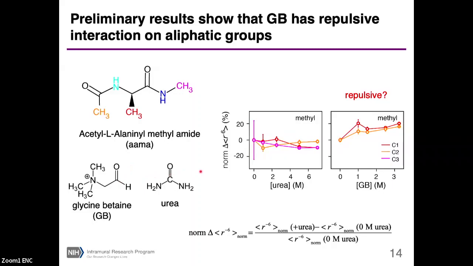Surprisingly, even at high concentration, like 7 molar of urea, I didn't see that much of a change in R2-sp, which indicates that there's a negligible interaction between urea and the methyl groups on this peptide. On the other hand, there seems to be an increase in R2-sp as I increase the concentration of glycine betaine, which probably is an indication of the repulsive interaction between glycine betaine and these methyl groups.